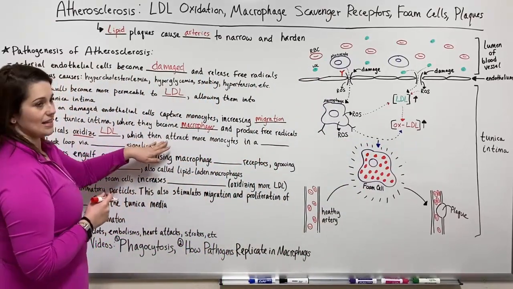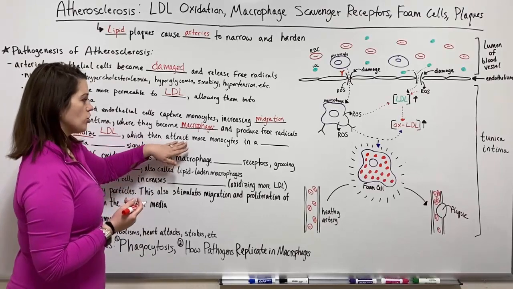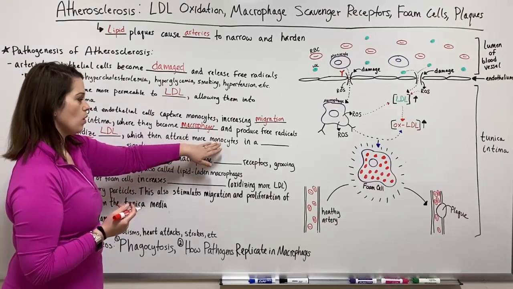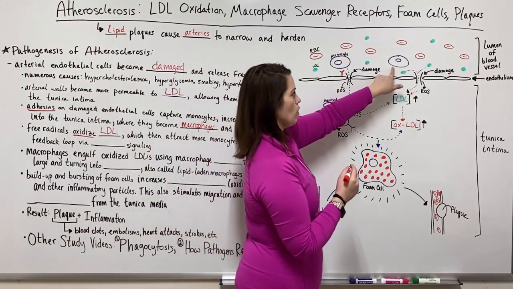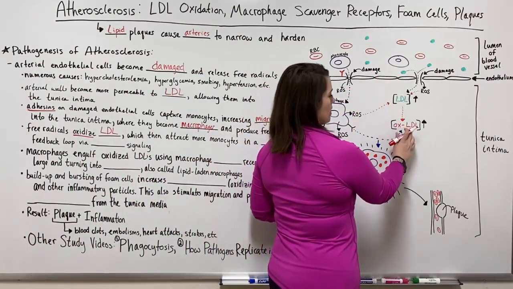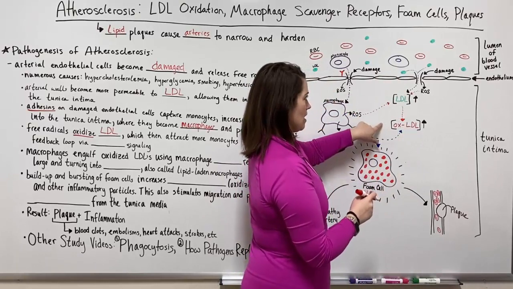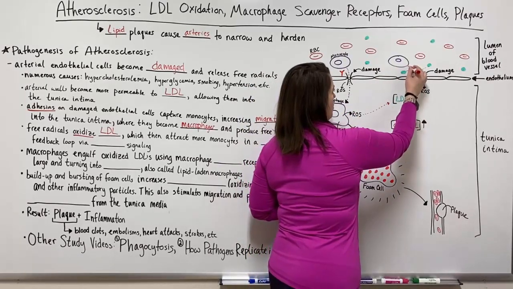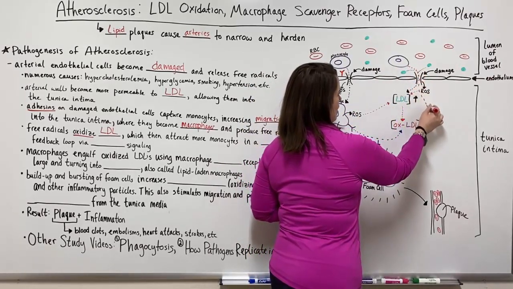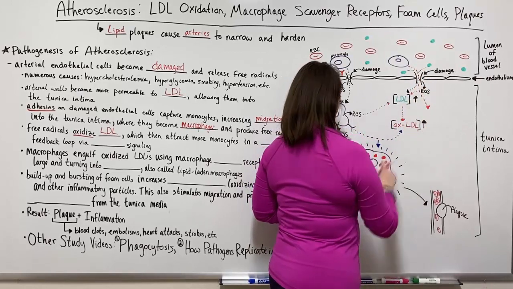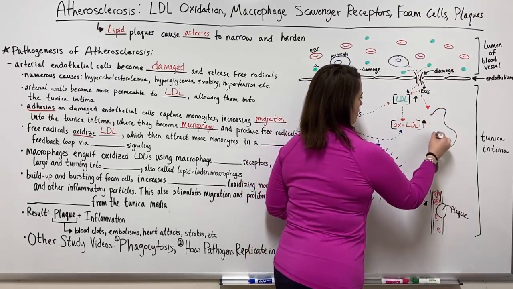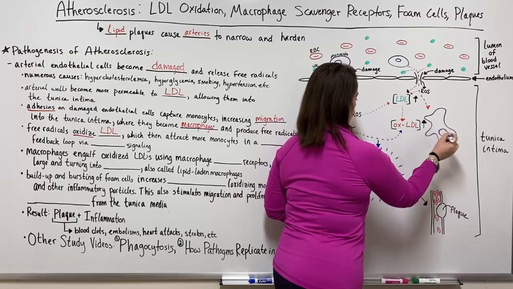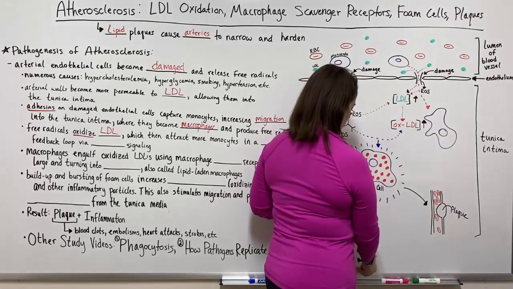And this has the unfortunate side effect of attracting even more monocytes. Because of the increase in oxidized LDL here, you've got even more monocytes that are going to come right down here. Let me grab my purple marker and I'll draw another of these macrophages.